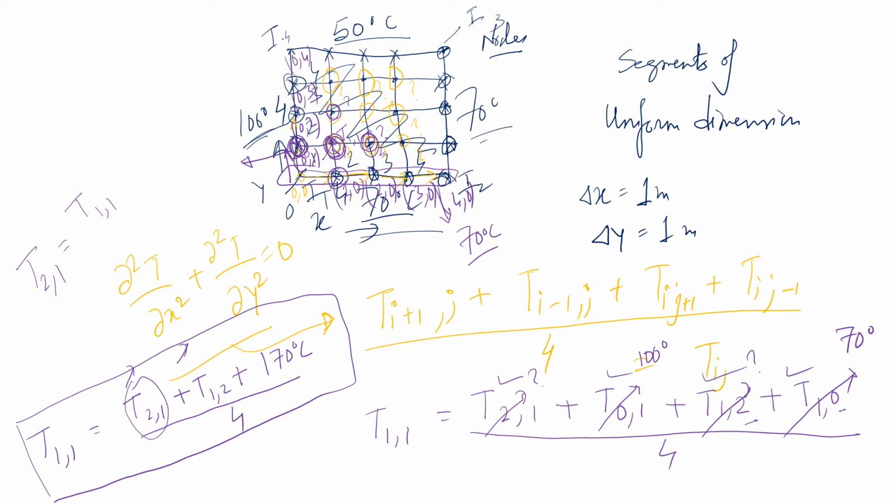Because here also it will be i minus 1. So 2 minus 1 is 1. Here j will remain as it is. Plus i plus 1 at this point, so this will be your T31. Again, for the y cases, this point and this point, you see, this will be your actually T22.